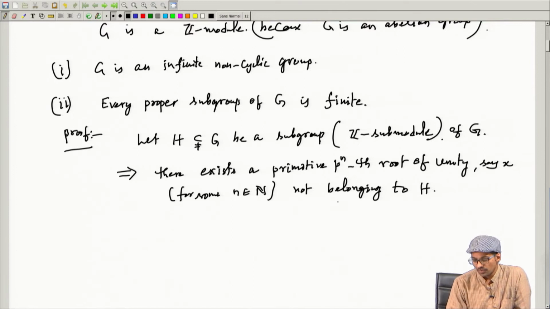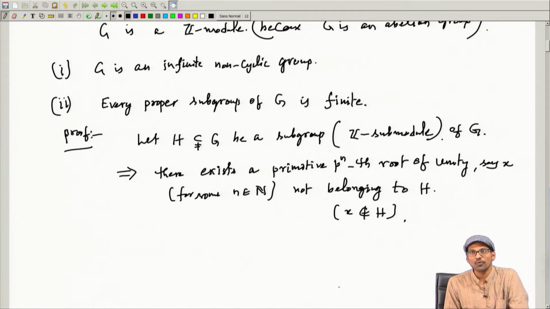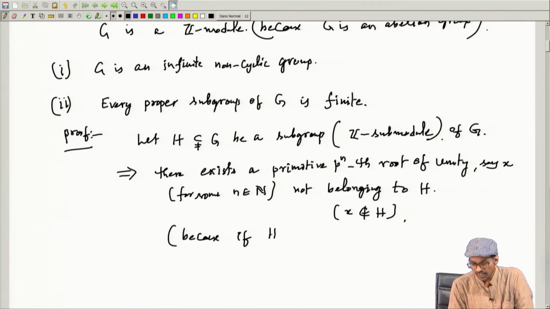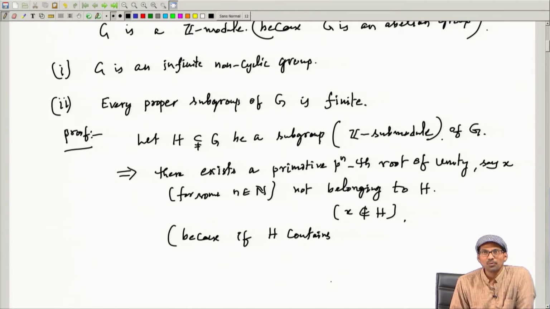Okay. So, that is x does not belong to H. x is a primitive p power nth root of unity. Why? Because if H contains all p power nth primitive roots of unity, then H must be equal to G. Because if H contains a primitive p power nth root, it means that it is a generator of the abelian group G p power n.